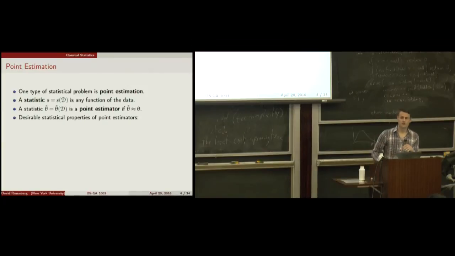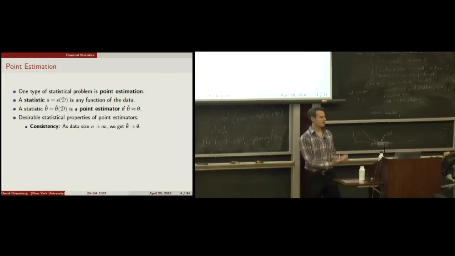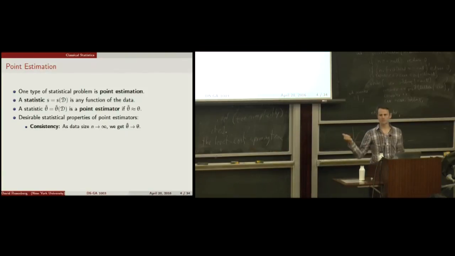OK. So point estimators have certain qualities that you want them to have. One of them is consistency, which basically says if you're drawing data from this distribution and the amount of data goes to infinity, then your point estimator should converge to the parameter it's trying to estimate. Seems reasonable as a thing to desire of a point estimator.